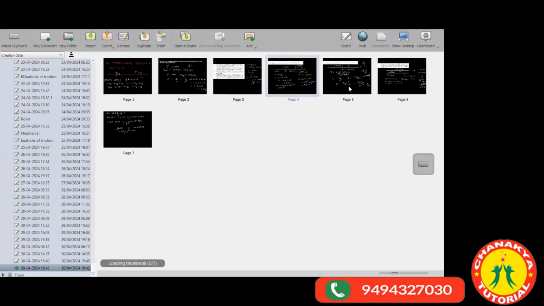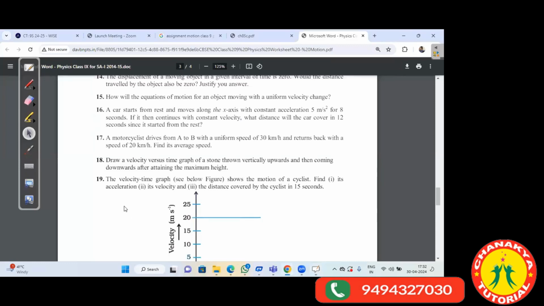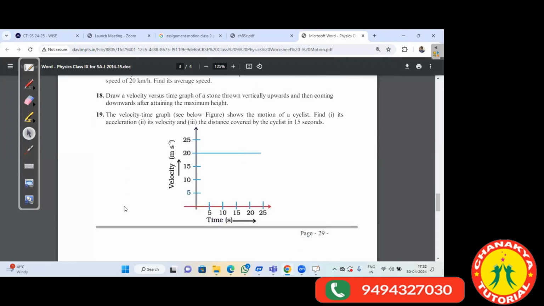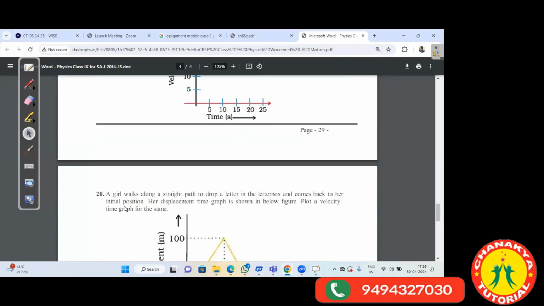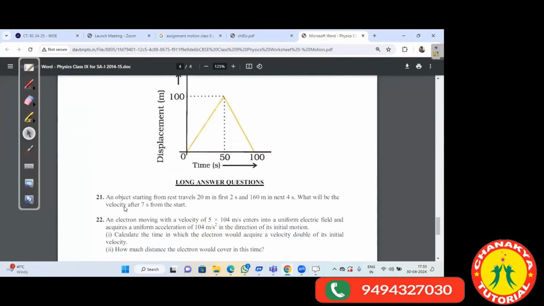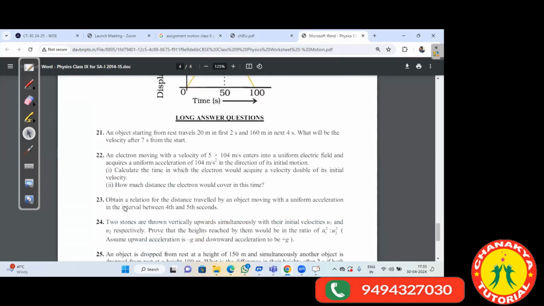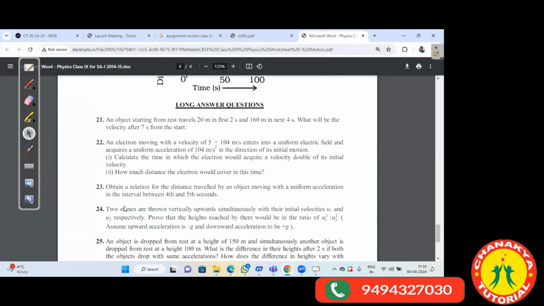Let's see one more question. See question number 21.